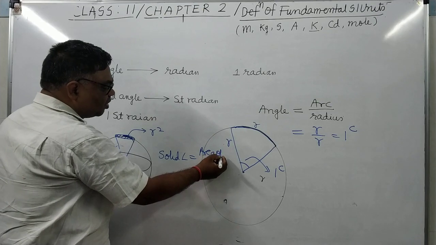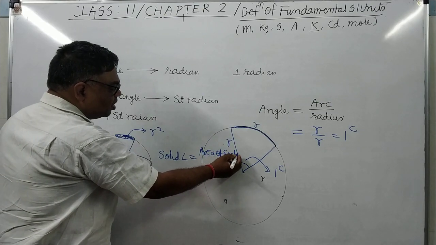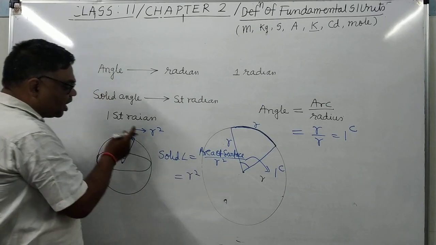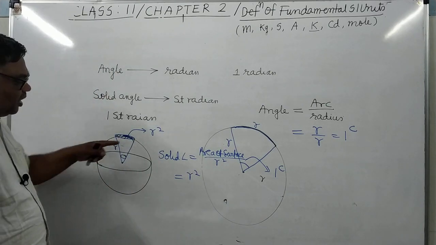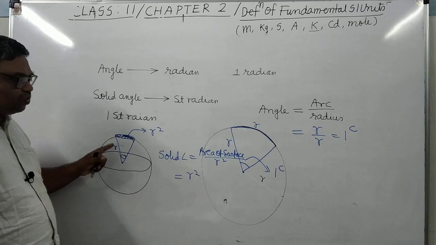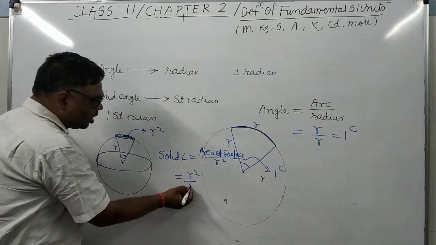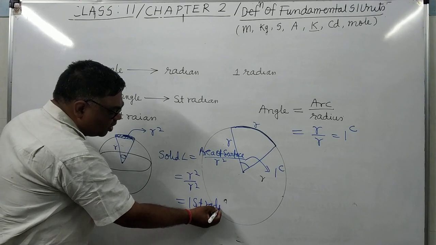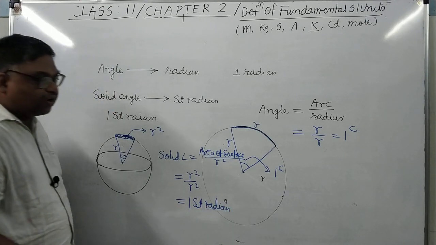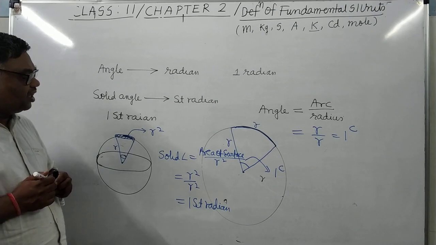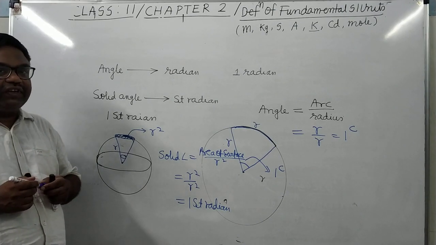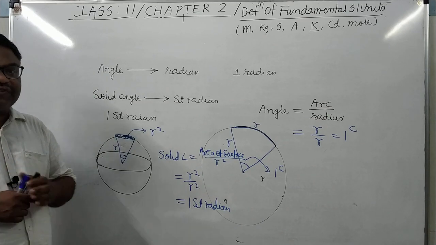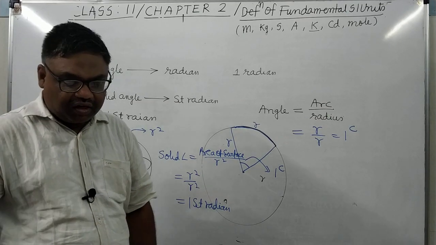The area of the surface is already r square, so r square upon r square equals 1 steradian. That is 1 steradian. So what is 1 steradian? It is the solid angle subtended by the surface of a sphere at its center, such that the area of the surface is equal to the square of the radius.